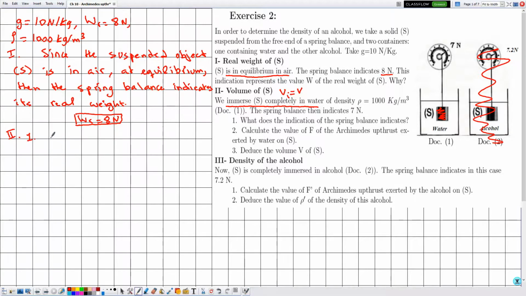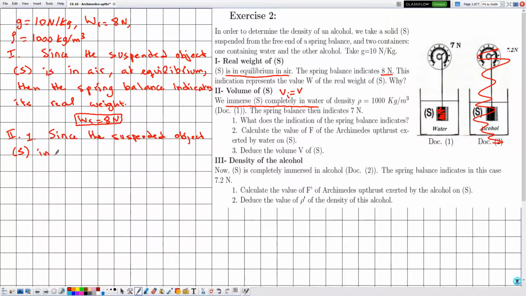And then let's say since the suspended object, which is S, is in a liquid, which is water.